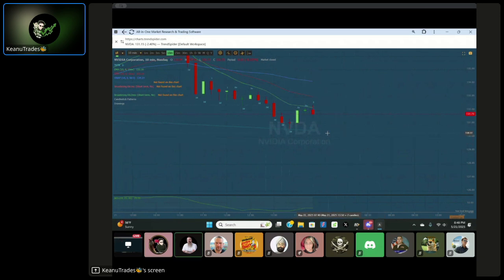Now, here's my problem with dojis: after a big up bar or a big down bar, people always seem to think the doji means we're going to come back up, because it's green. Or it's going to come back down because it's red. That is false.